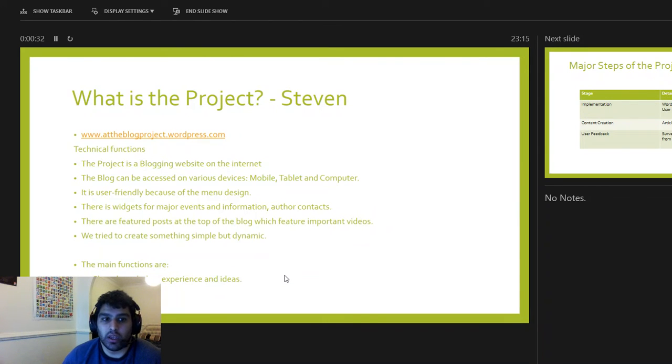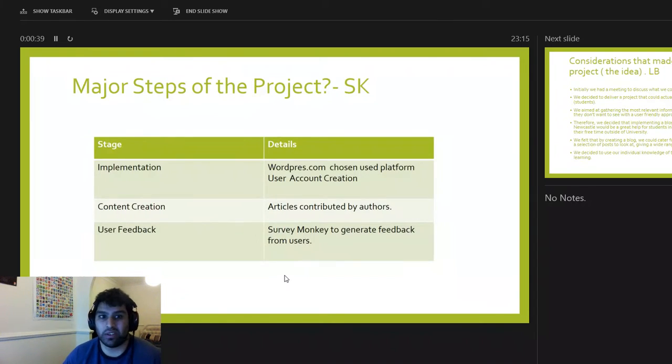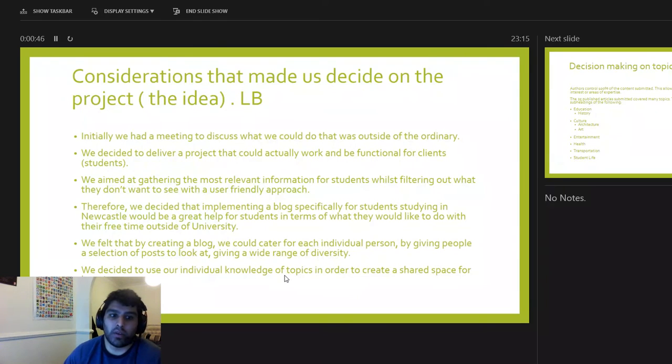So we summarised what the project was about, which of course was a blog, and the steps, which were fairly simple: implementation, content creation, user feedback.